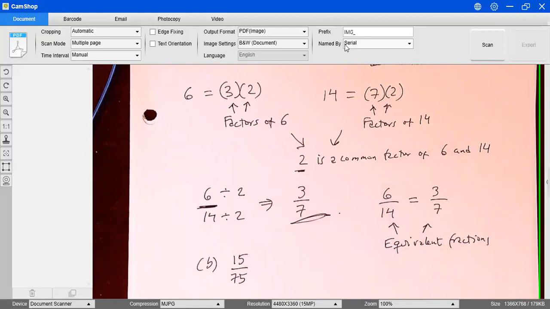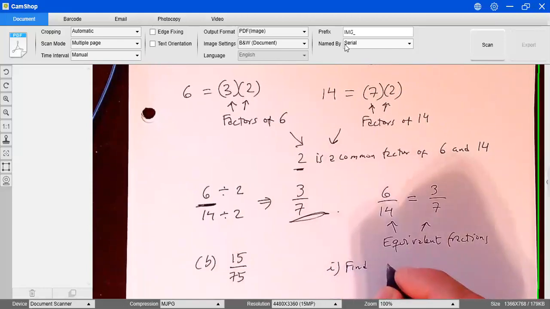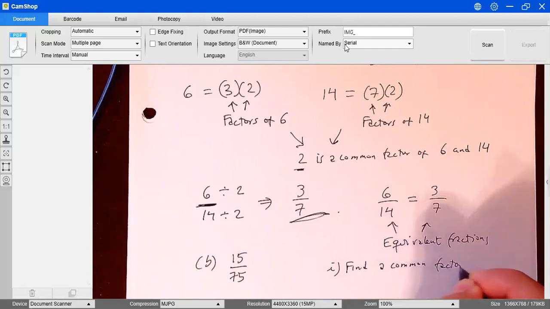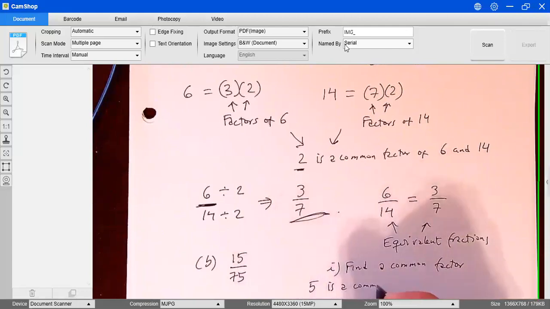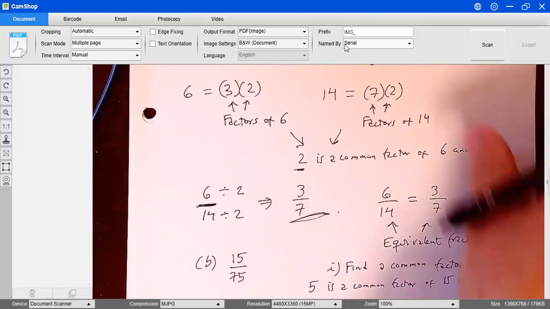So that's reducing. So first you need to find, again, a common factor. So what is a common factor of 15 and 75? You can see that 5 is a common factor of 15 and 75.